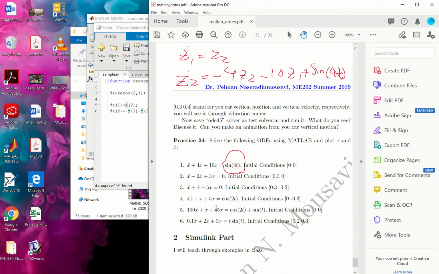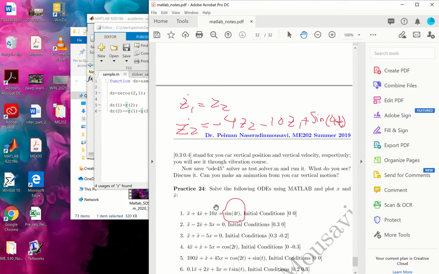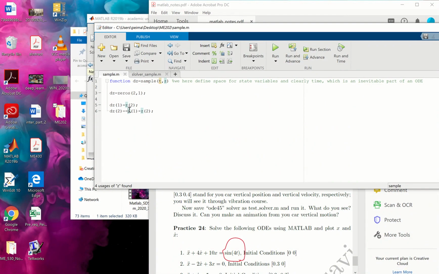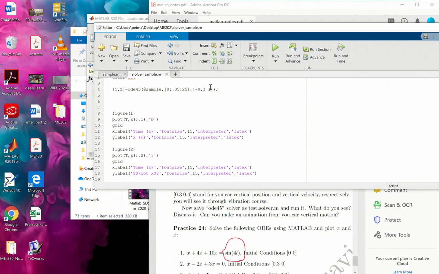Here you have minus 4 multiplied by z2, minus 10 multiplied by z1, plus sine 4t multiplied. The initial condition is 0 and 0, guys. I want to just run it for 5 seconds. Let me see what I get.